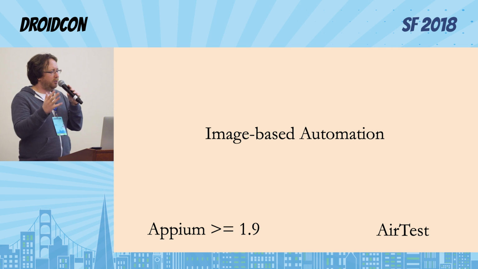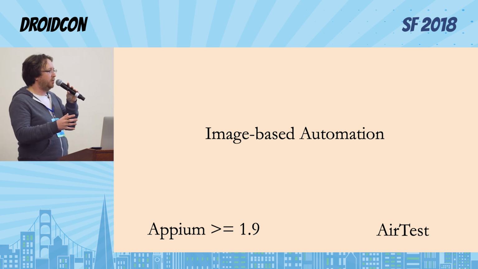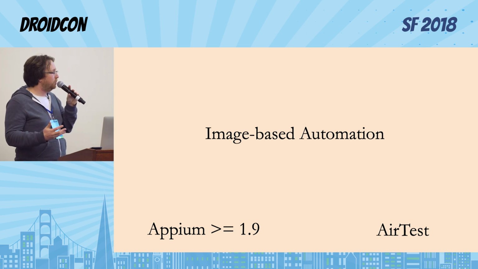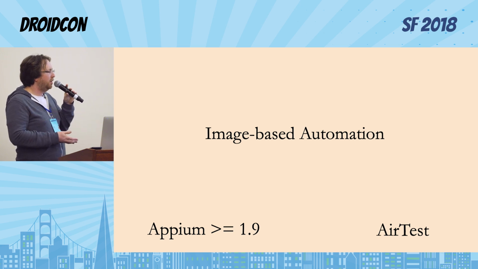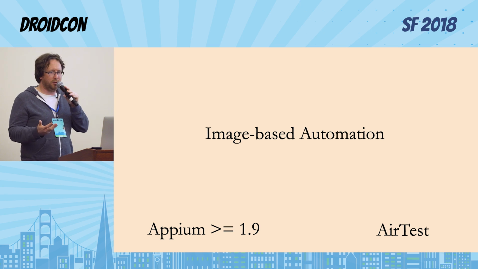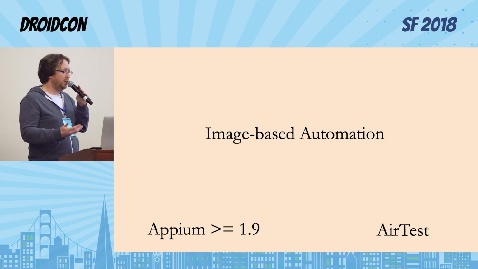There's a new direction happening right now, particularly around games, cross-platform testing and more high-precision testing, which is image-based automation. As of Appium 1.9, there are some new image capabilities in Appium itself, which is really exciting. You can write tests using image matching.